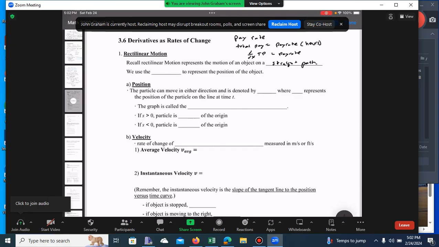And so we use a function to represent the position. We call that the position function. Now let's consider a particle that can move in either direction as denoted by s of t. s represents the position of the particle on the line at time t. And of course, we'll call this graph the position function.